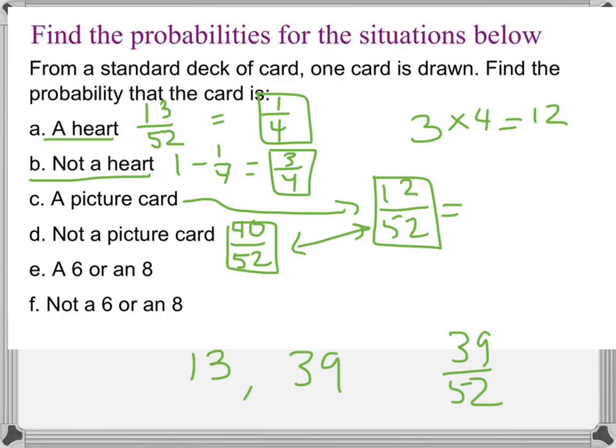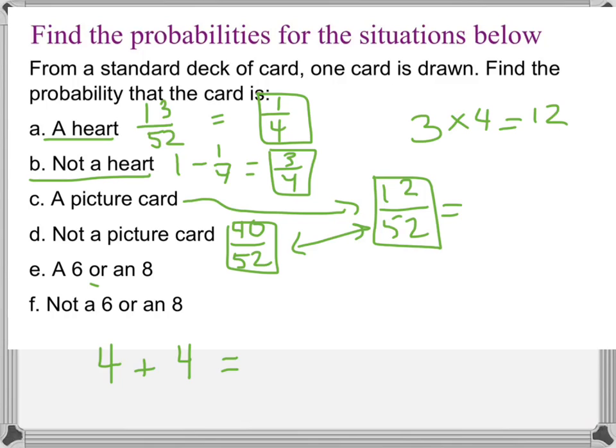Okay, pulling a 6 or an 8. When I say or, it means that it can be a 6 or an 8. Remember, a card definitely cannot be both a 6 and an 8. There are 4 6s in each suit and 4 8s in each suit, so the probability of pulling a 6 or an 8 is 8 out of 52.